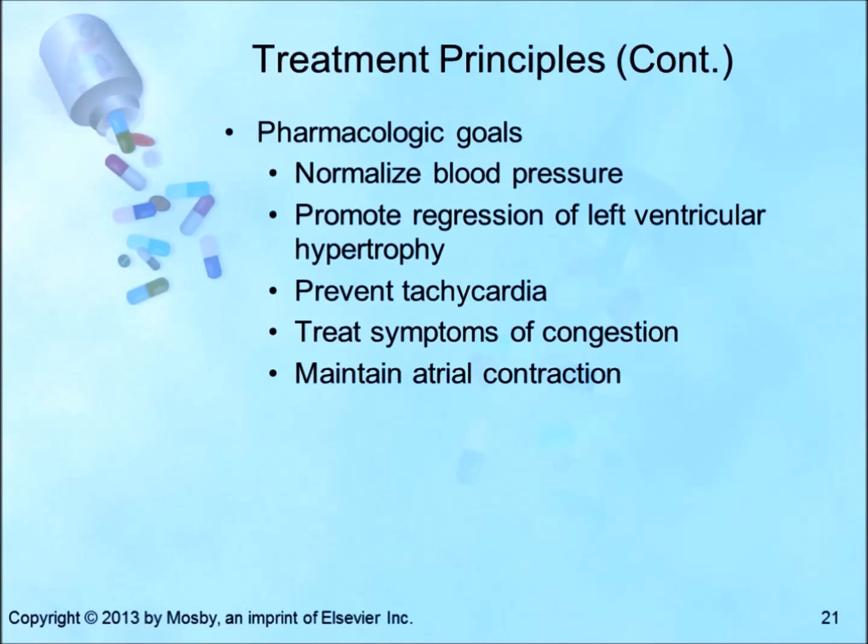The most common drugs administered to patients with heart failure, again, include diuretics in patients with fluid retention. Furosemide is more effective than the thiazide diuretic, especially in patients with renal insufficiency. Again, start at 40 milligrams daily or 20 milligrams for small, frail, or elderly patients.